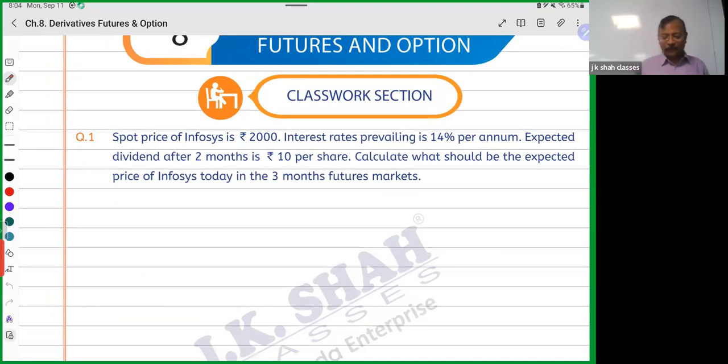Spot price of Infosys is 2000 rupees. Interest rate prevailing is 14% per annum. Expected dividend after 2 months is 10 per share. Calculate what should be the expected price of Infosys today in the 3-month future market. Karo calculate. Spot is given.